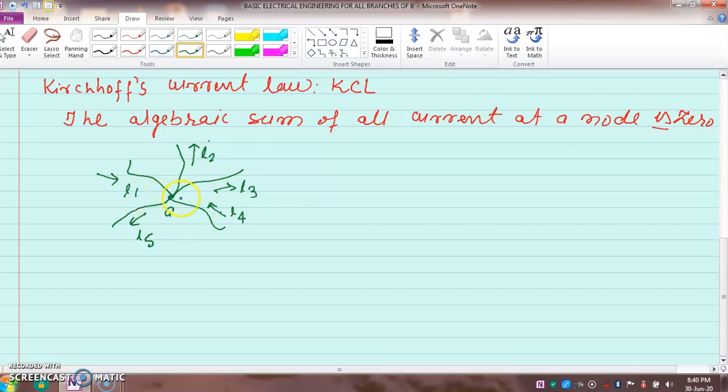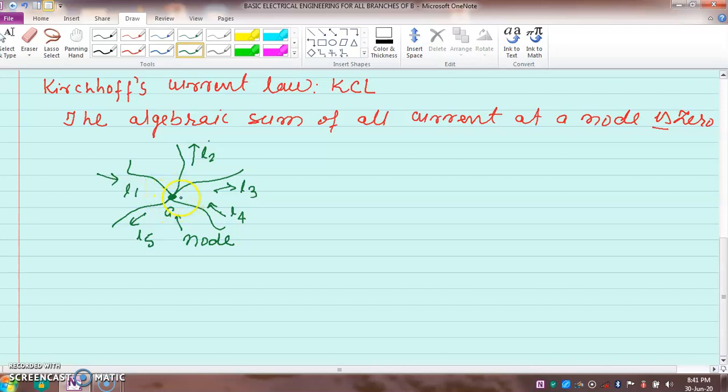The directions of current are such that this point A is called a node. The basic definition of a node is where 3 or more connections to elements or sources are made. Here 1, 2, 3, 4, 5, 3 or more connections are there.